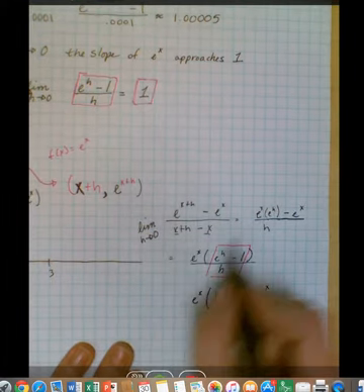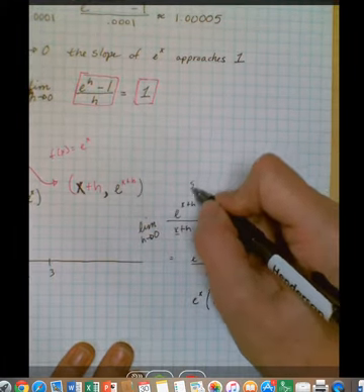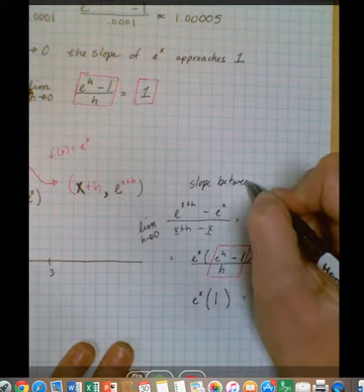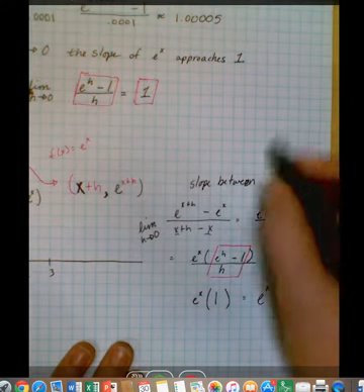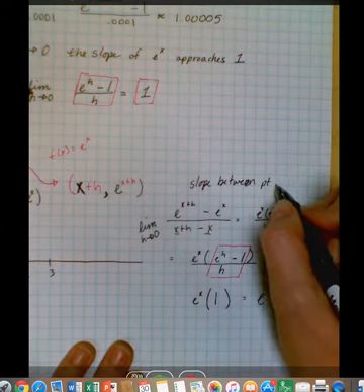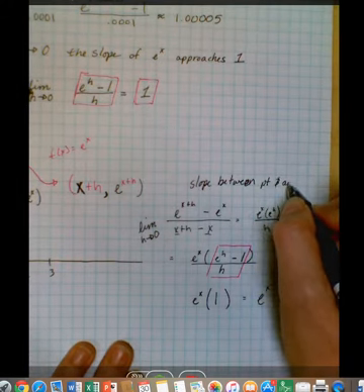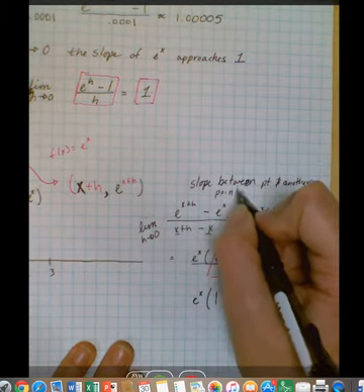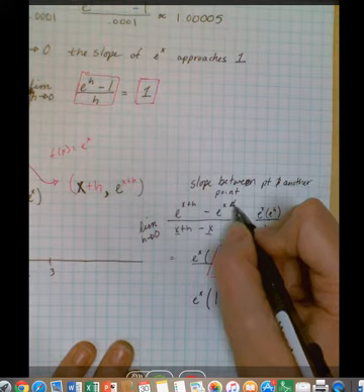So we can say what we just said here is that the slope between some point and another point can be expressed by this function.